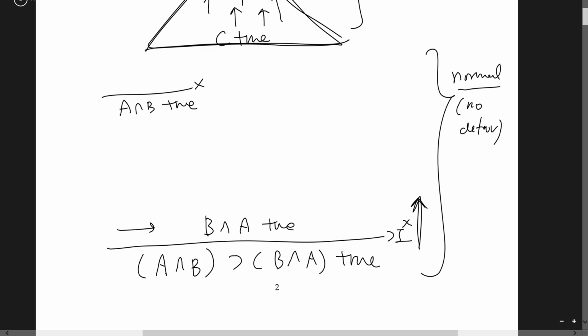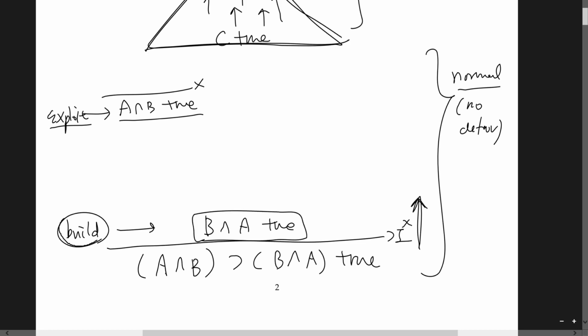So we want to build here instead of exploit. This hypothesis will be exploited later because we assume that there is a proof of this judgment. But for this goal judgment, we have to build a new proof. So we will keep moving upward here, whereas we will move downward by applying elimination rule later.